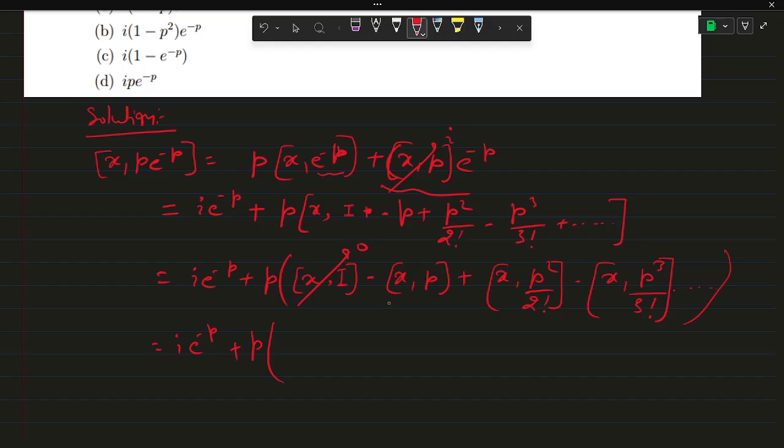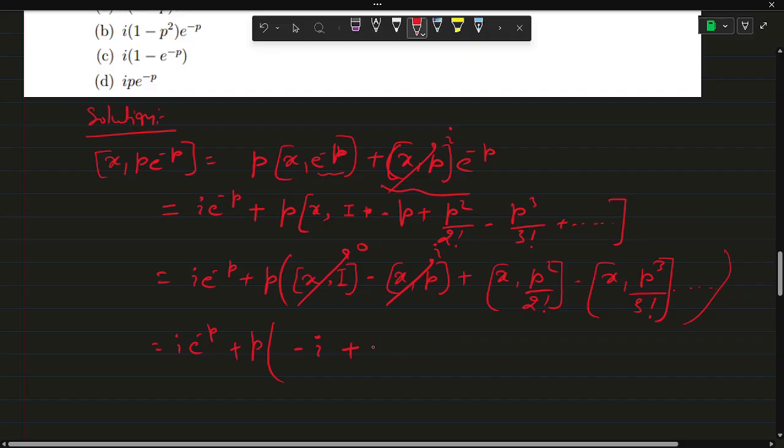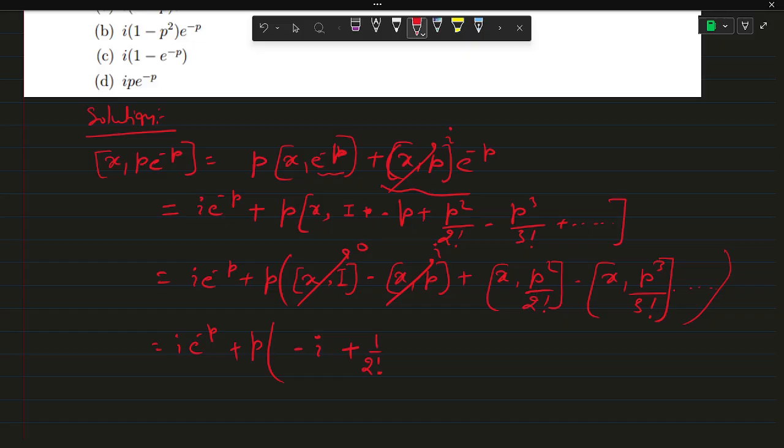And xp is I, already given. So we can write it as minus I plus, here x p square by 2 factorial. So we can write 1 upon 2 factorial. x p square will give, after solving, as we have already solved in the previous question, twice I, and this is p squared, so this will give 2p, and I will come from xp. So twice ip plus, from here we again get x 3 ip square by 3 factorial, or this will be minus.